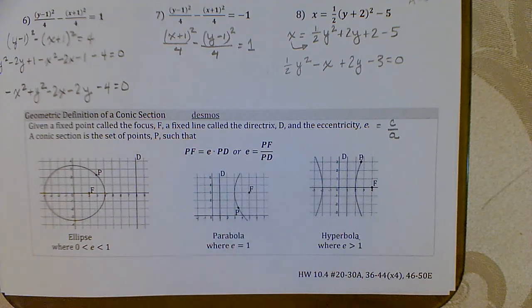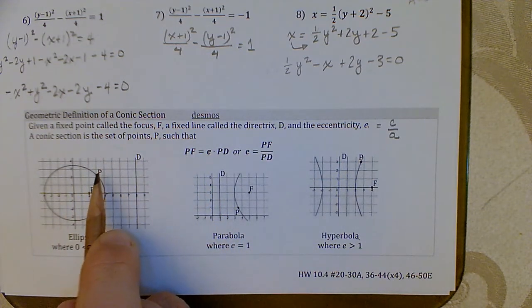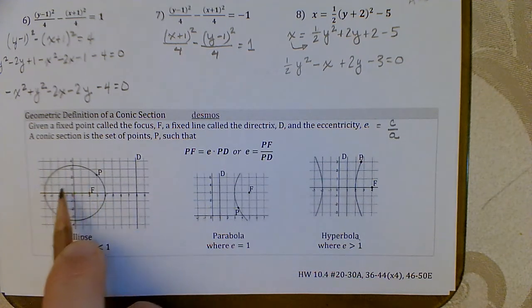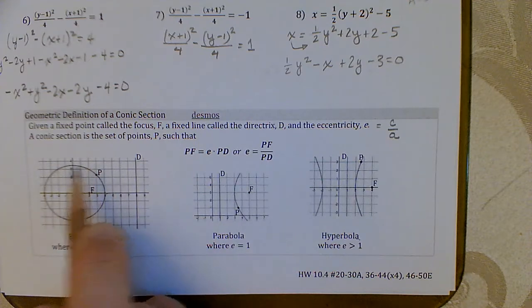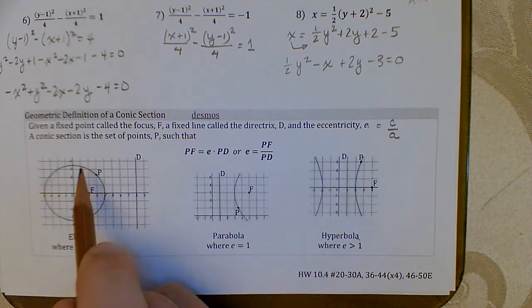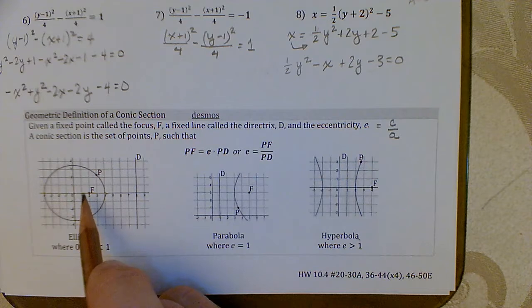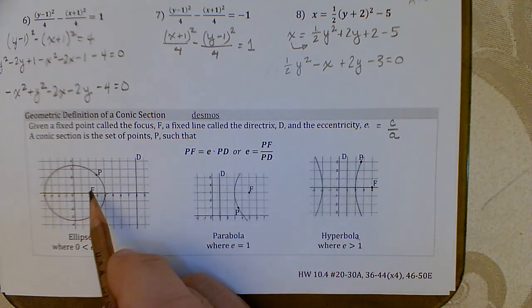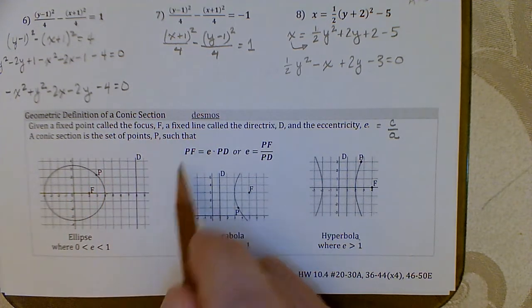So we define each of these things differently. The ellipse is defined by the distance from a point to one focus plus the distance to the other focus; the set of points where the sum of those distances is constant is an ellipse. So we have another way of looking at it.